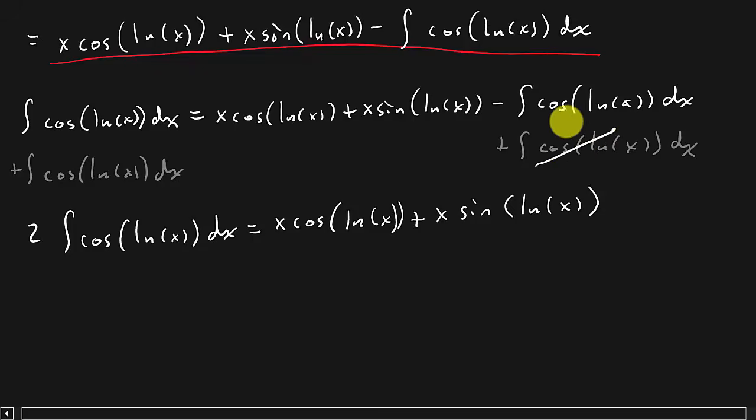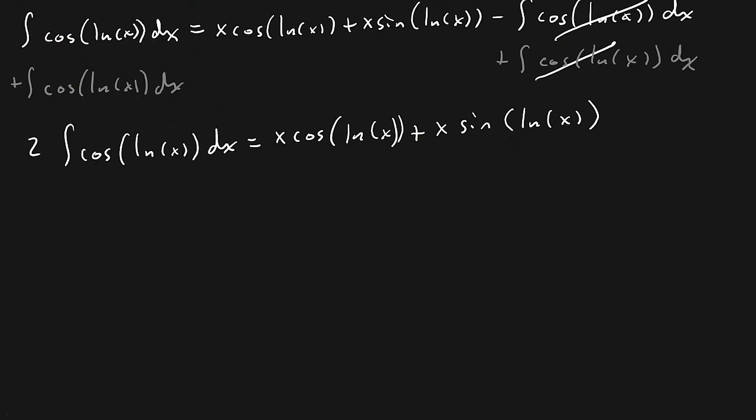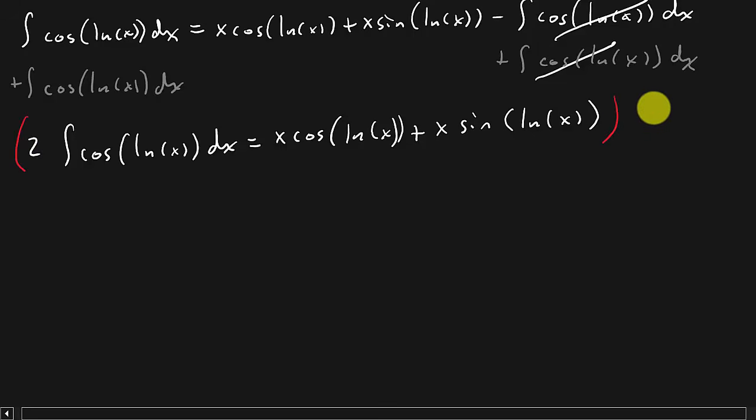See, these two cancel out. And when you add them, this is just like x plus x is 2x. Okay, it's like terms. And then we can multiply both sides by a half to get rid of this 2 here.